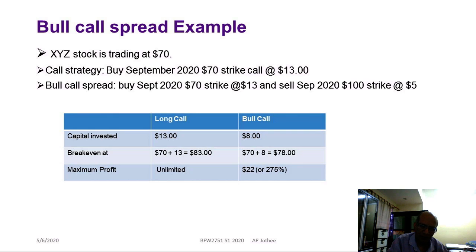But maximum profit is $22. Why? Because you've got another $5 by selling the strike of 100, right?